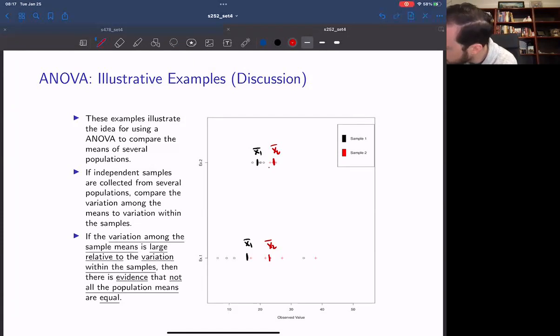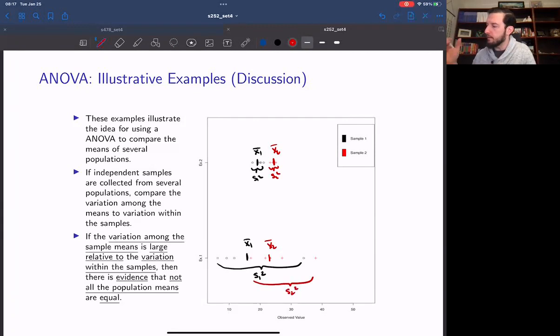Okay, so we've already established the definition of the within sample variation. So we know that the within sample variation is simply the variation within each sample directly. And this is found using the normal formula for variance. Okay, so we can clearly see that in the first illustration, the within sample variation is large, and in the second illustration, it's small.